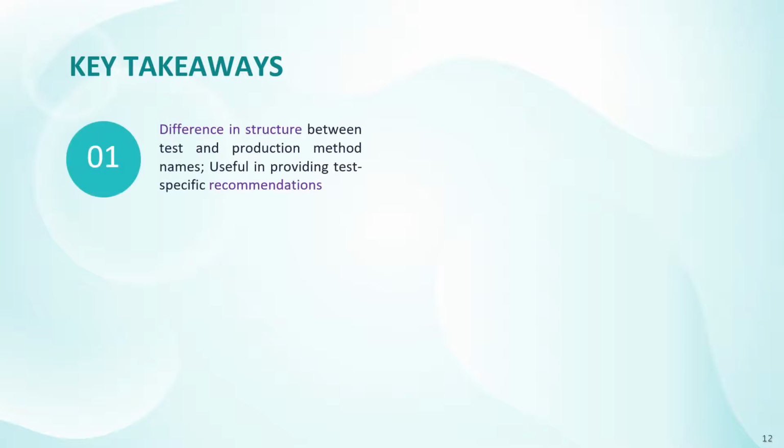In conclusion, this study investigated the evolution of grammar patterns in test method names. And as part of this work, we manually annotated a set of test method names. Our work identified differences in structure between test and production method names.